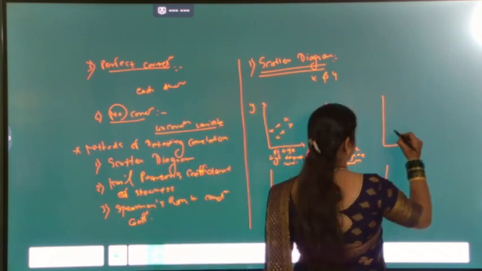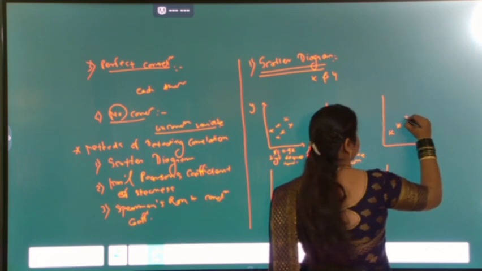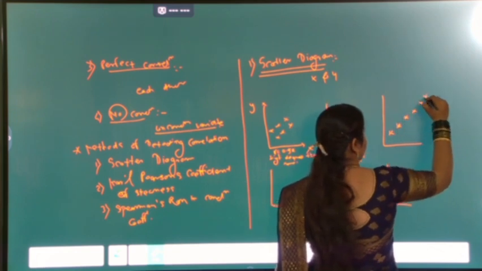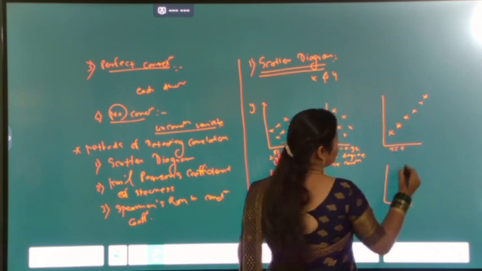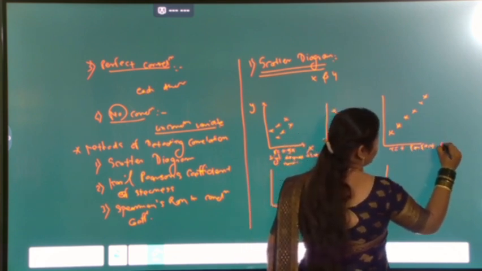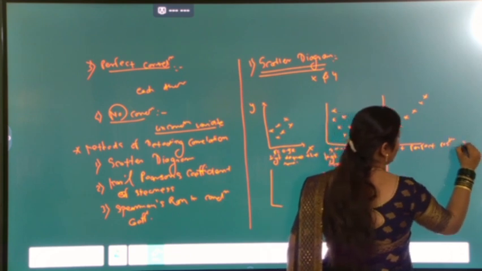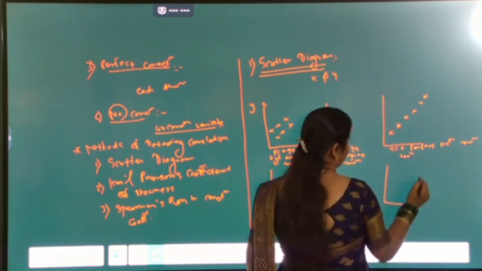Next diagram is if all points lie in a straight line and the value of r is equal to +1, there is perfect positive correlation between two variables.